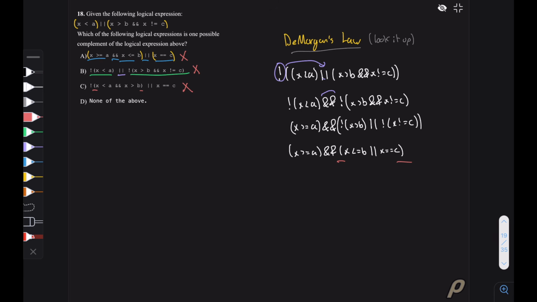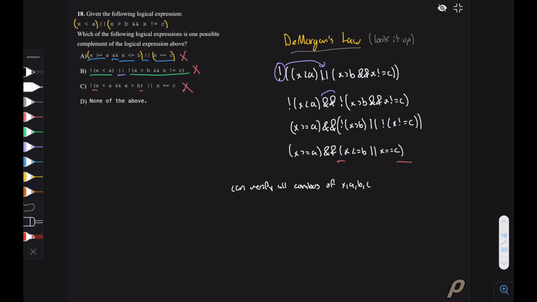And so the De Morgan's law, I recommend you look it up, maybe try and spend a little bit more time with this example, try and figure out how it works, because I think it's a really powerful way to do it. I wish I would have known how to use it when I took the course. But if that's not really your cup of tea, you can also verify all combos of x, a, b, and c.